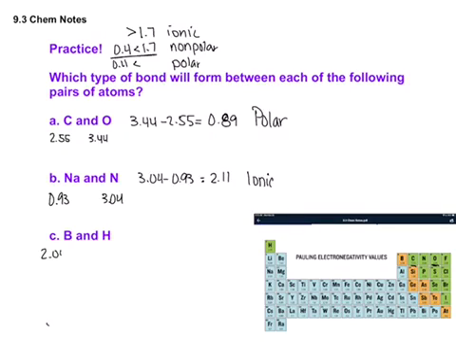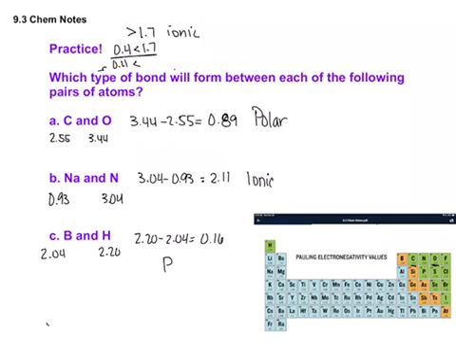Boron's electronegativity is 2.04 and hydrogen's is 2.20. So when we do the subtraction, we get a difference of 0.16, which is less than 0.4. So we have a nonpolar structure. Sorry, I goofed up here, guys.